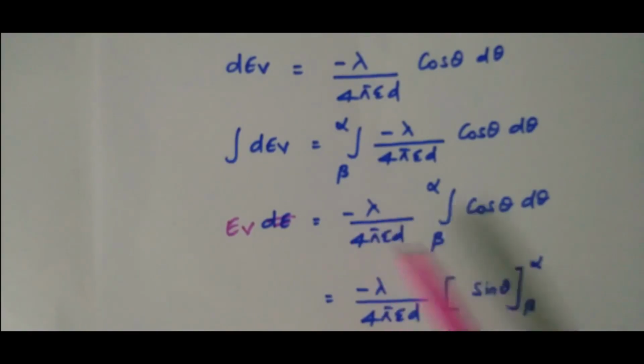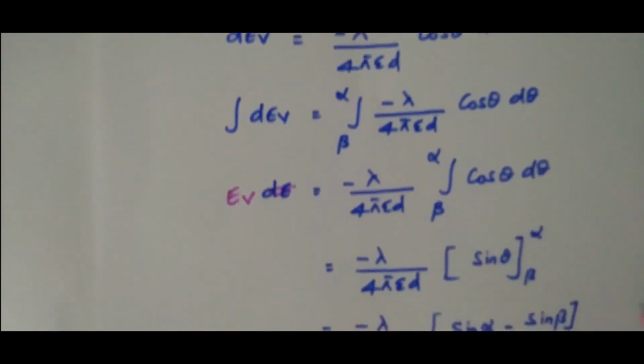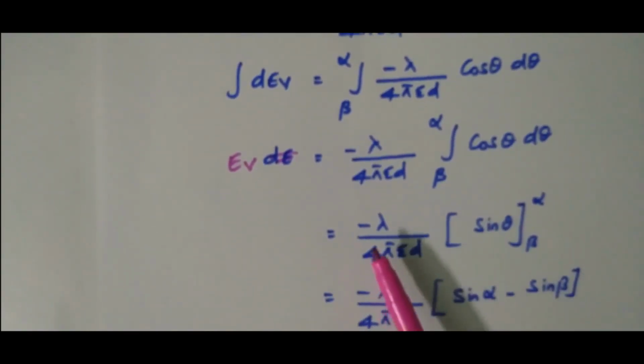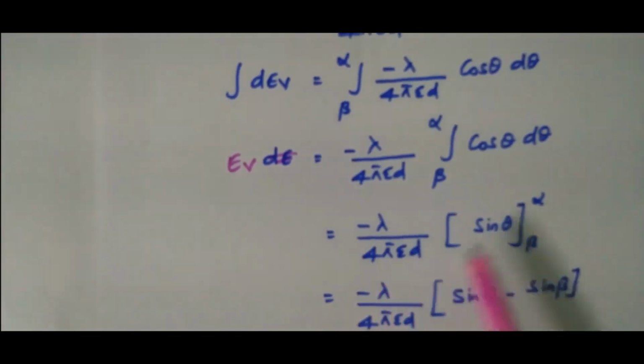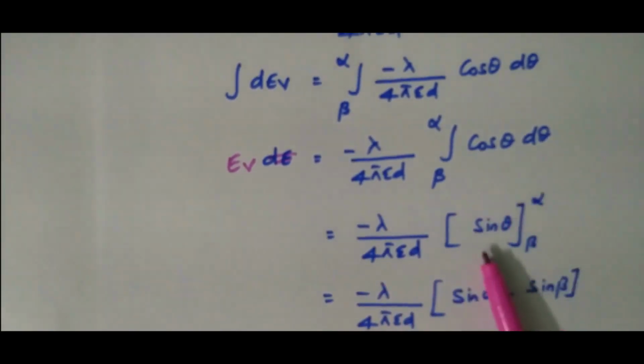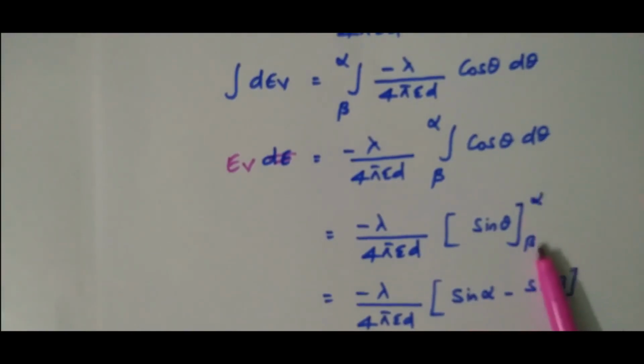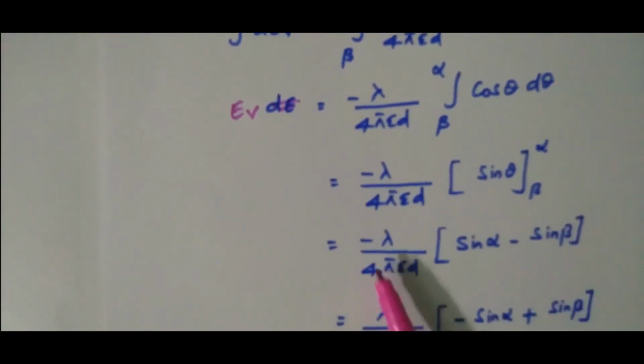These are all constants. Only we need to integrate cos theta. The integral of cos theta is sin theta. We substitute the limit beta to alpha. So minus lambda divided by 4 pi epsilon d, the limit is sin alpha minus sin beta.